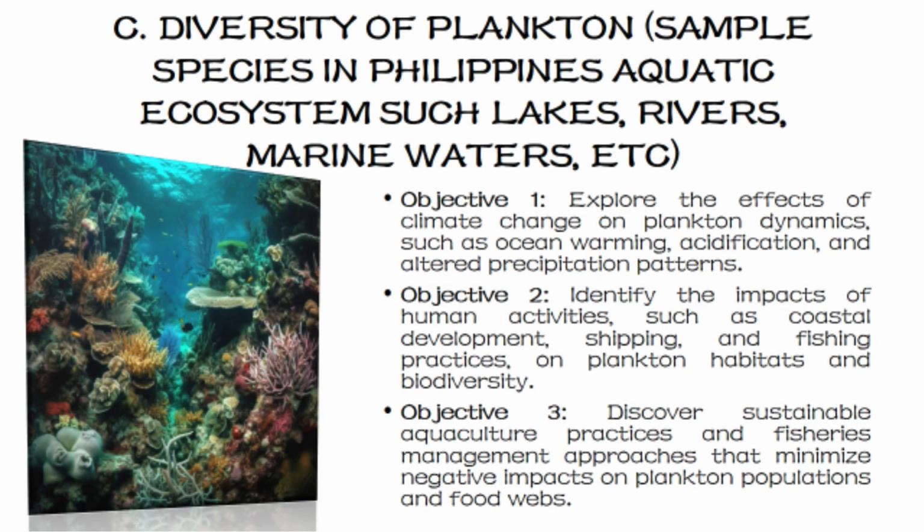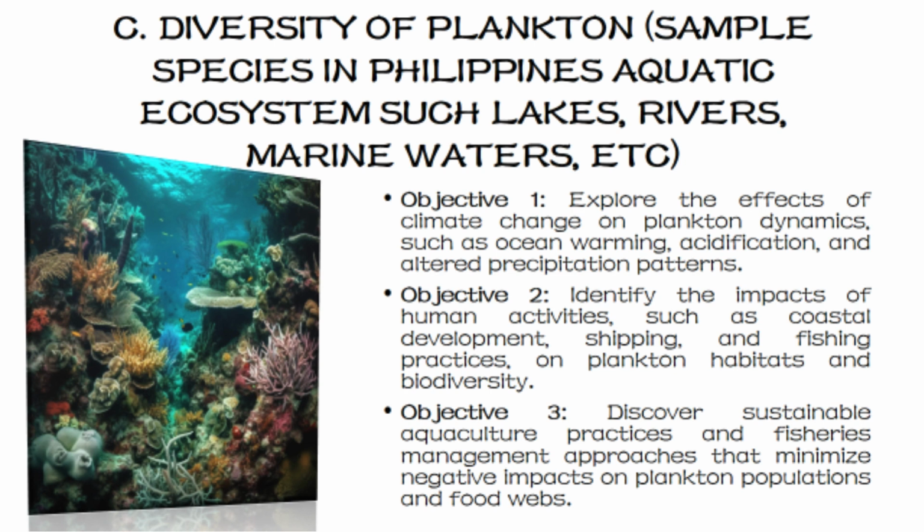Next, we have the diversity of plankton species in the Philippine aquatic ecosystem such as lake, river, marine water, etc. Objective number one, explore the effects of climate change on plankton dynamics such as ocean warming, acidification, and altered precipitation patterns.